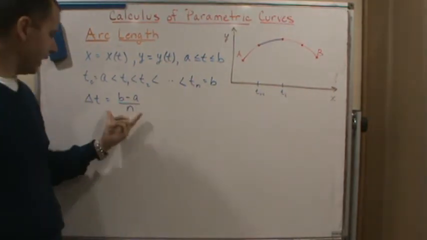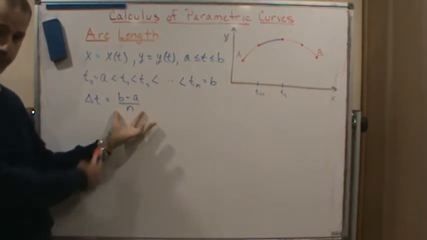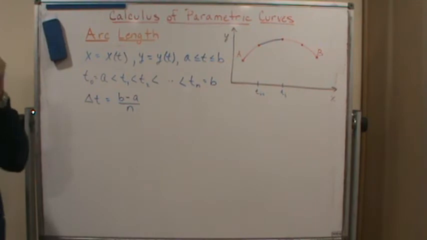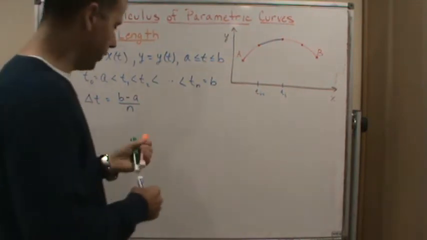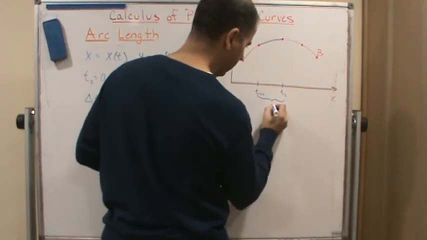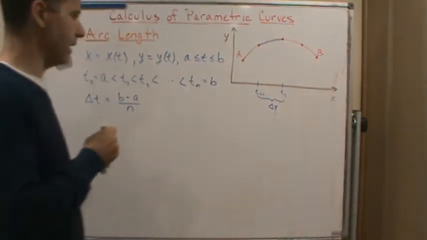The length of each subinterval is delta t, given by our formula, b minus a over n.